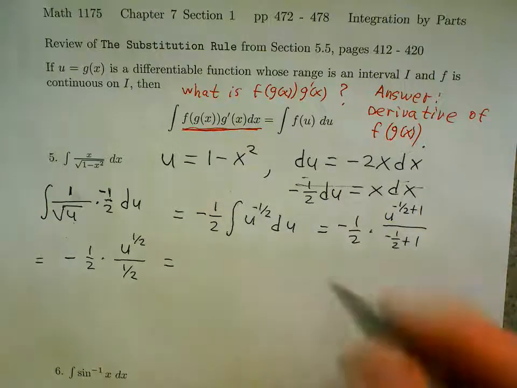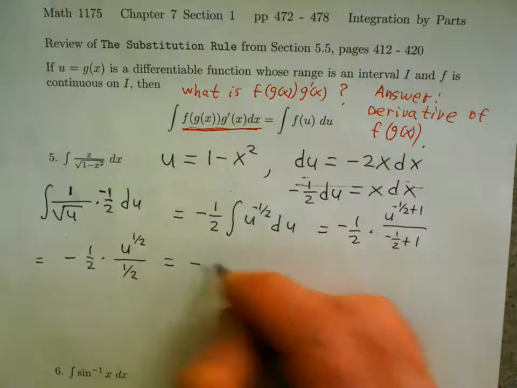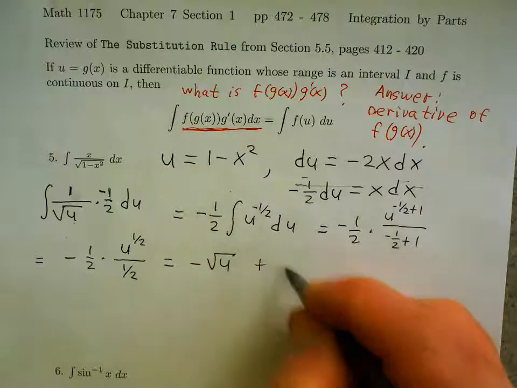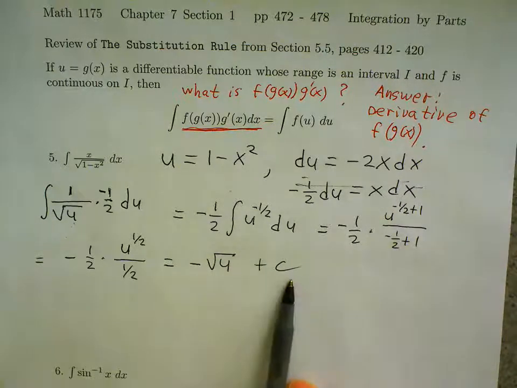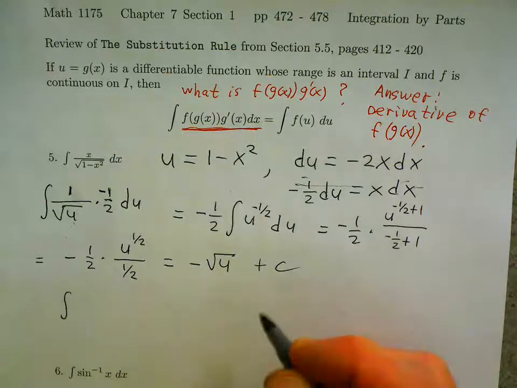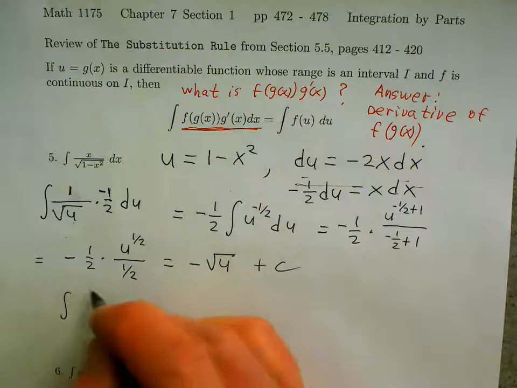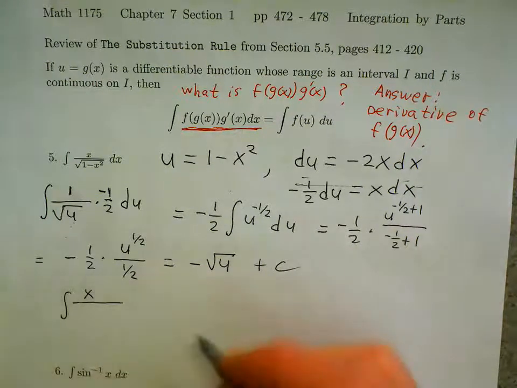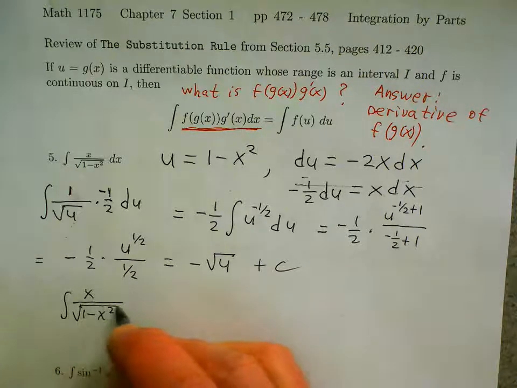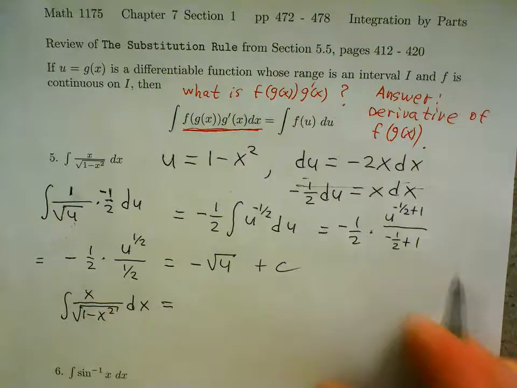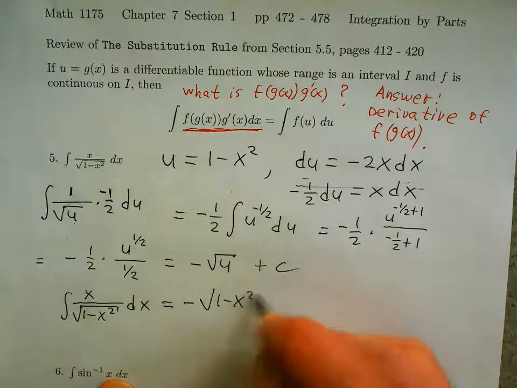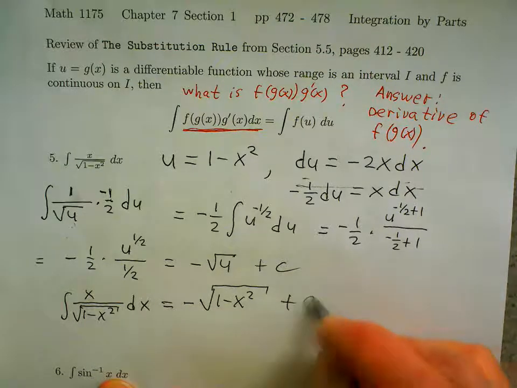And this simplifies to negative square root of u plus a constant. And then we want to replace u with 1 minus x squared again. And so our result is the indefinite integral of x over the square root of 1 minus x squared dx equals the negative of the square root of 1 minus x squared plus a constant.